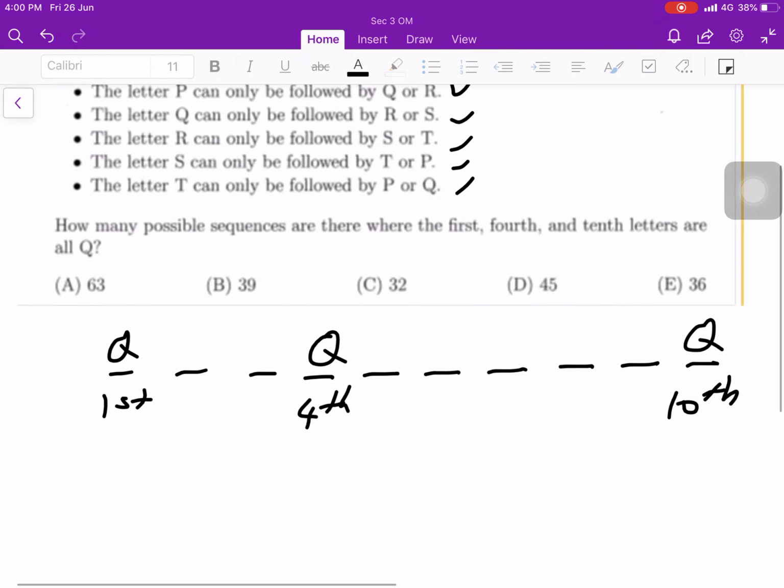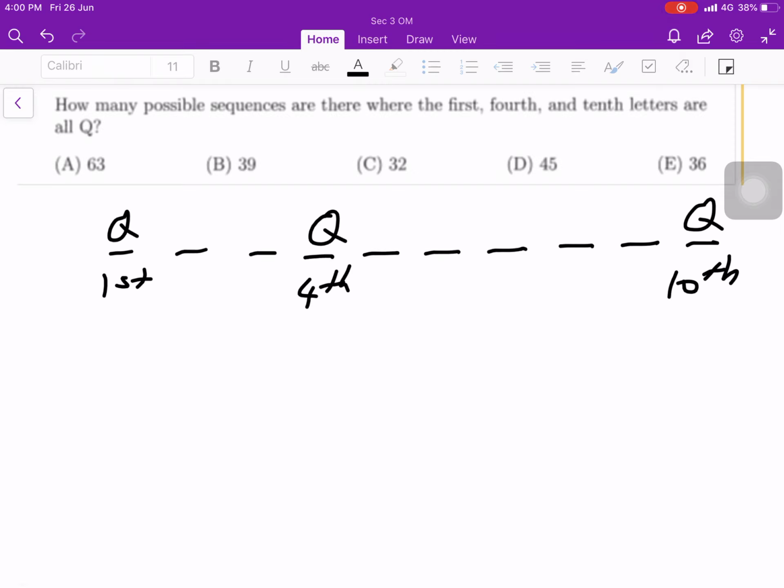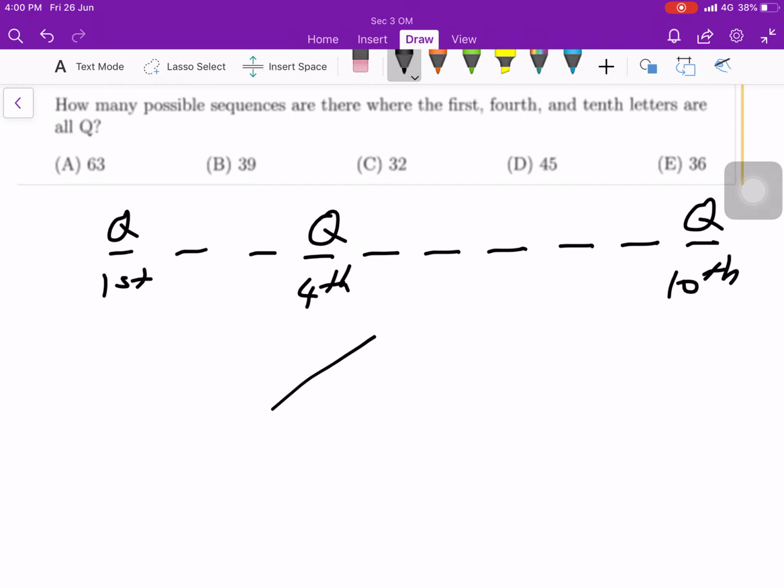Therefore, the idea here is to arrange them like a pentagon. If you arrange them as a pentagon, I think the problem becomes a lot simpler. What does it say?